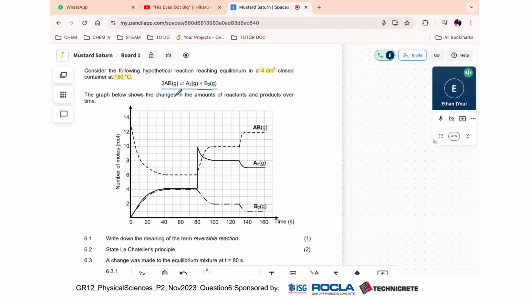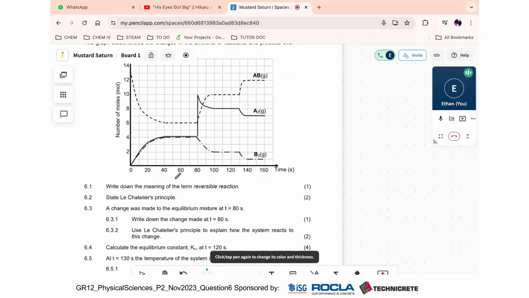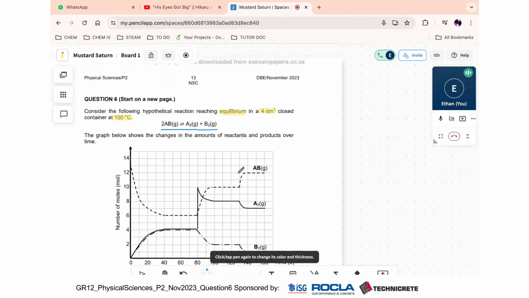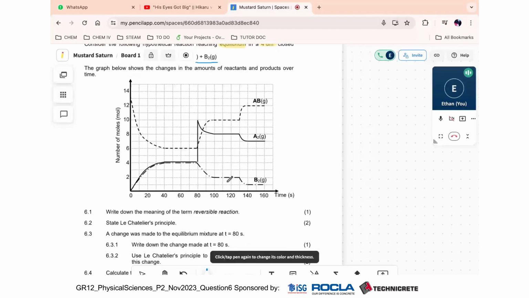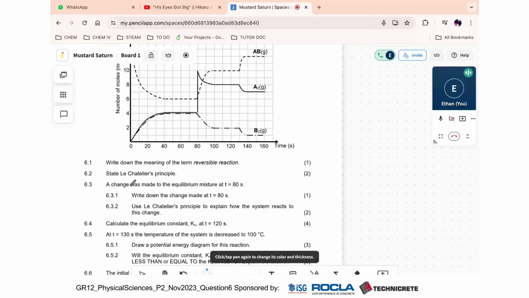This ties in with the idea that the hypothetical reaction has reached equilibrium. So because it's at equilibrium, that's why we have a reversible reaction. And then we're given the graph here of the amount of reactants. Okay, good. So now we understand some of the preamble information given in the question. Let's get to the actual questions.